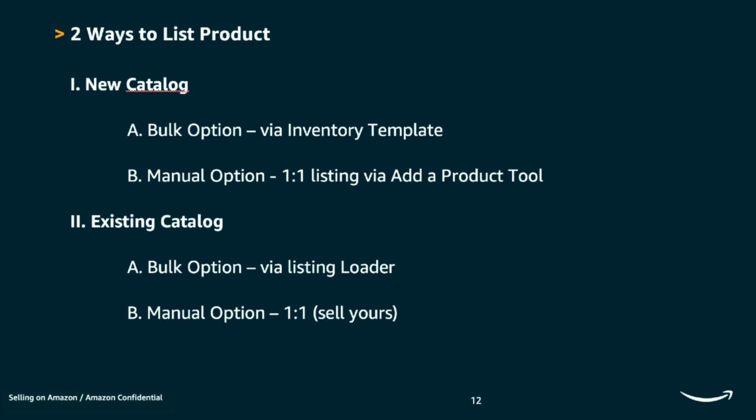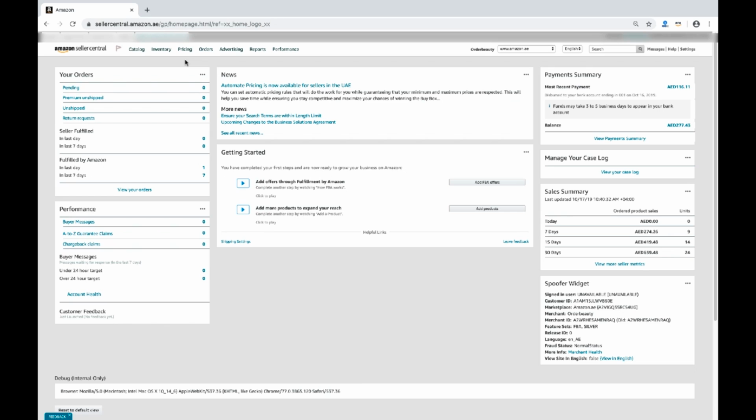template. So let's say your item is not yet in Amazon and you want to list it in bulk. You need to download the template first, and the template is based on category. How can you download the template? You just need to go to inventory on the top, then click on add products via upload.